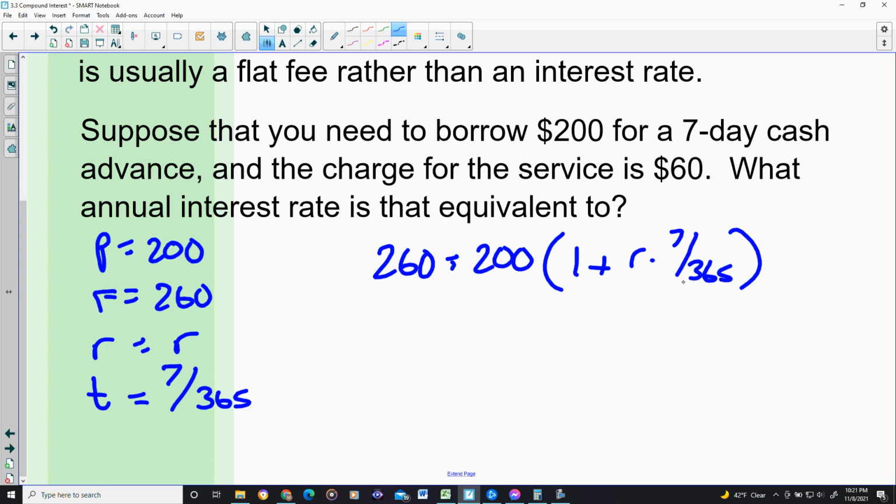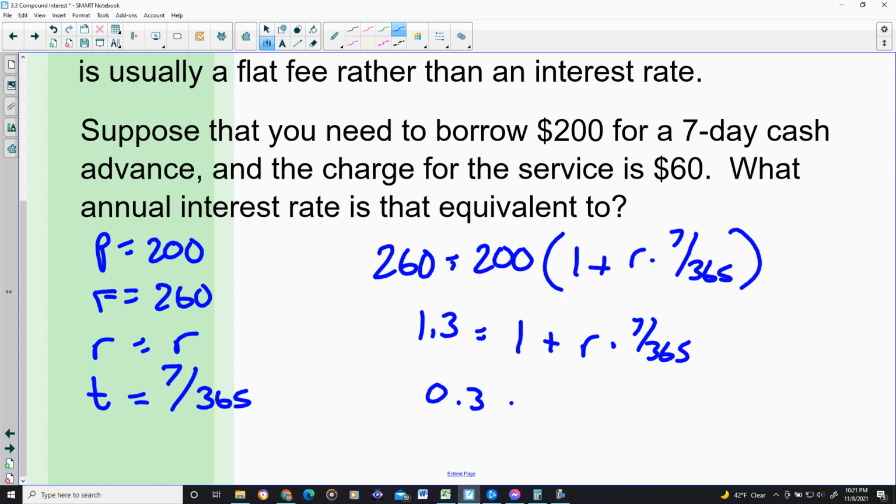Now we have to solve for r. This turns into a wacky decimal, so let's not deal with that decimal. Instead, we'll just deal with it directly as a fraction. We're going to divide both sides by 200, and that's going to give you 1.3 equals 1 plus r times 7 over 365.